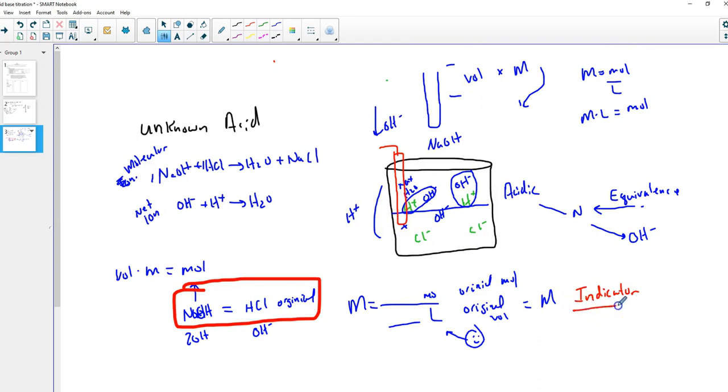An indicator is a chemical that changes colors with pH. The chemical we're going to use is called phenolphthalein. It's a long word.